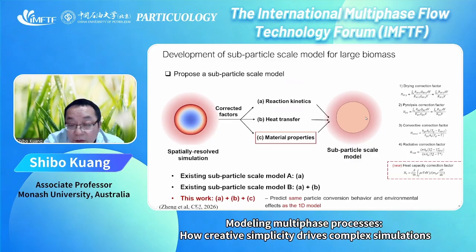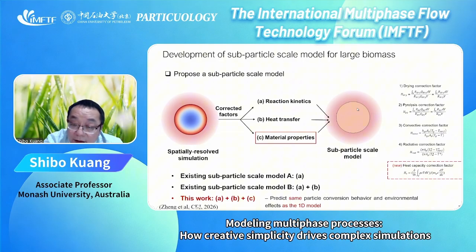Then we simulate a particle ignoring this temperature gradient. By comparing the results from these two models, we can determine the correction factors, and then modify the model without considering the particle temperature gradient.